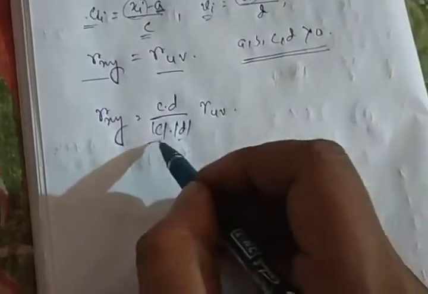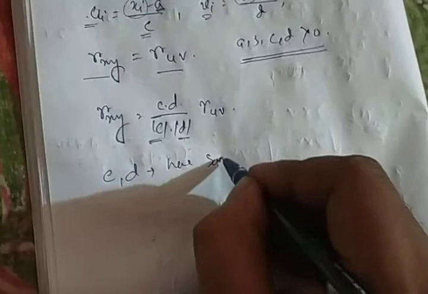If c and d have the same sign, the upper part is positive and the lower part is always positive, so rxy equals ruv.